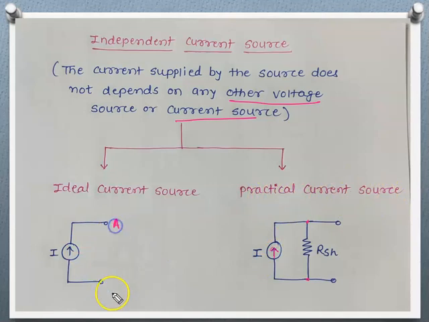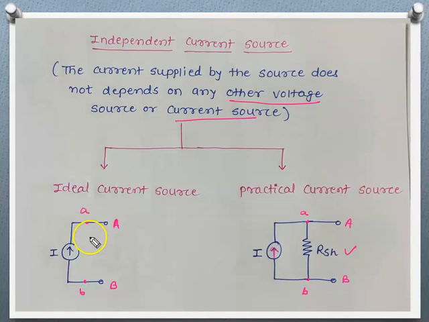Here A and B points are there. Here also A and B points are there. Suppose these are the small a and small b points. Here the internal resistance of the source is not present. Here the internal resistance of the source is present. So RSH has a definite value here.